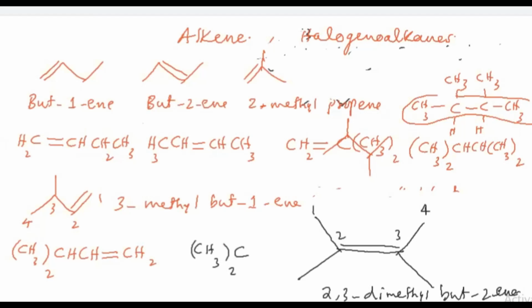This carbon also has 4 other carbon atoms, although there is a double covalent bond, so you can show the double covalent bond between these two carbon atoms, and there are two CH3 groups also there. So this is 2,3-dimethylbutene.